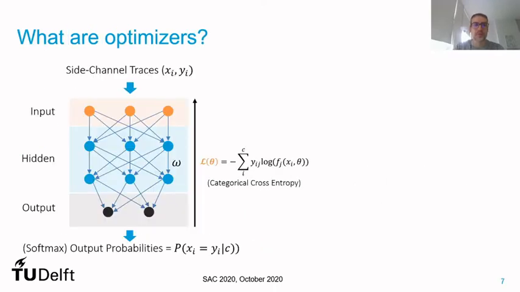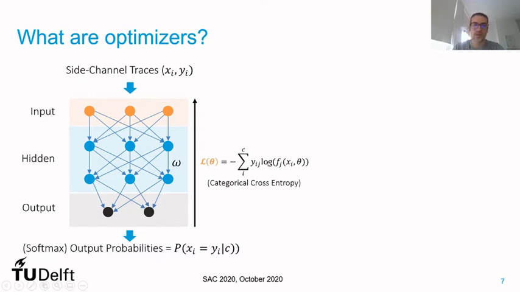So what are optimizers? If we have a neural network with input, hidden, and output layers, we feed this network with side channel traces labeled according to a specific class, and the output of this network will be class probabilities indicating how likely a trace belongs to a certain class. Then a loss function is computed from the expected and the actual predictions, and for side channel analysis we commonly use categorical cross entropy.